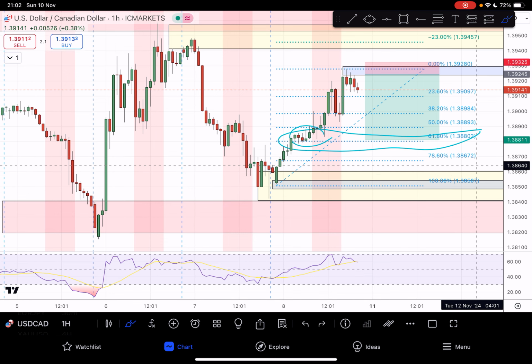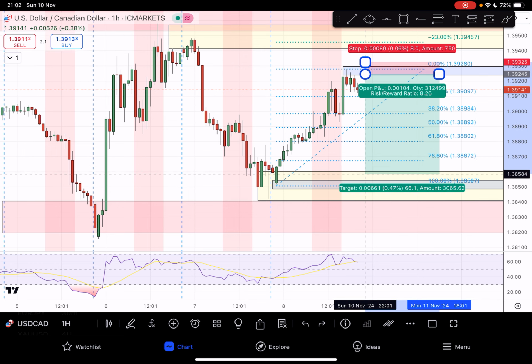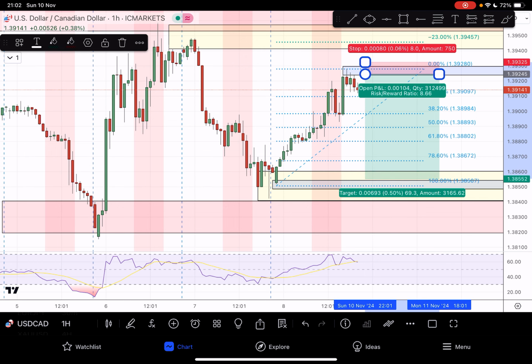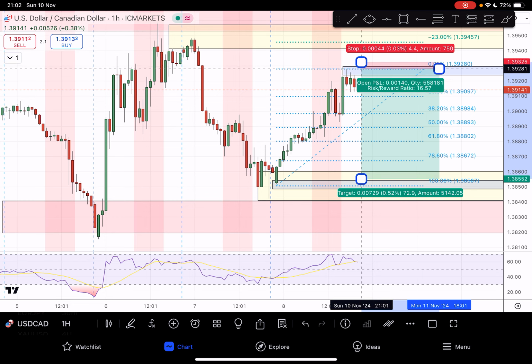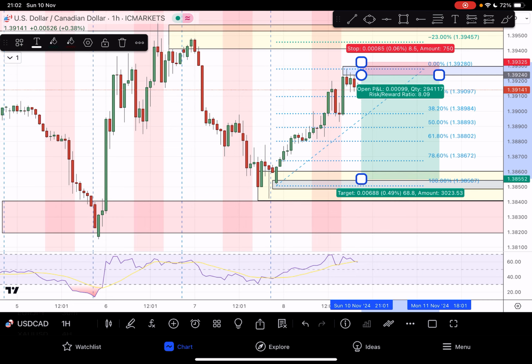So let's just say it retraces all the way to 100%. Obviously, I trade from one H1 level to another. If it does so, this would be my risk to reward ratio, 8.66. I'm risking 8 pips to win 68 pips.